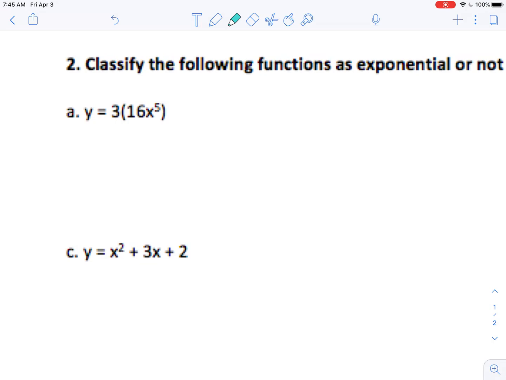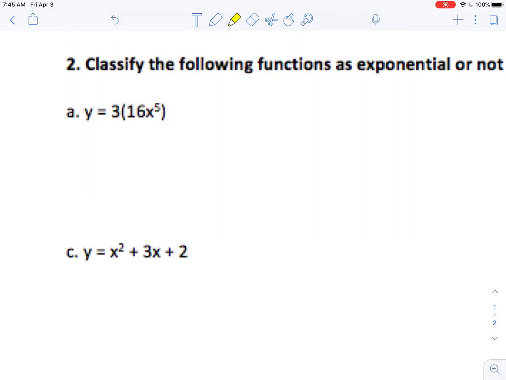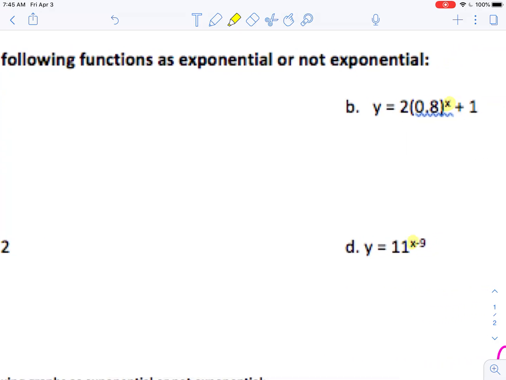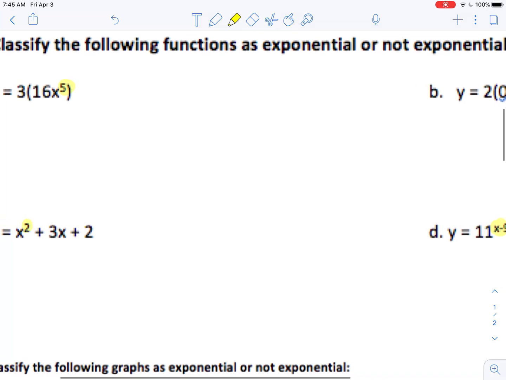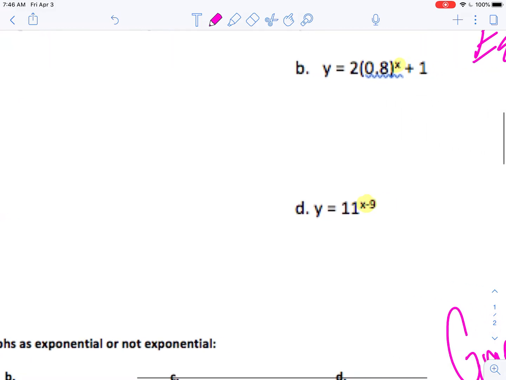So we're going to start with equations, because that's what you'll see first in your quiz. And we're going to be looking at functions of the form y equals something. And what we're looking for here is, do I have an exponent? And is that exponent my variable x? Is x in that exponent?